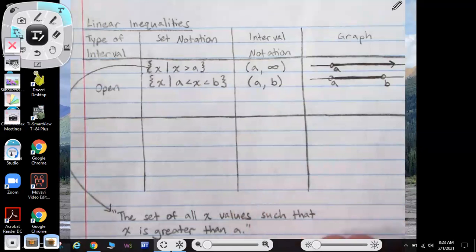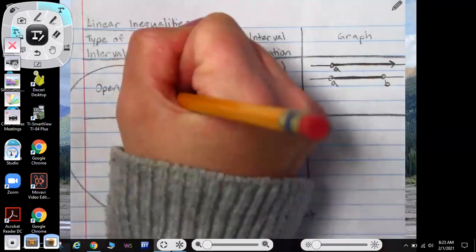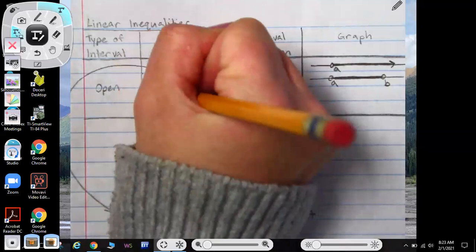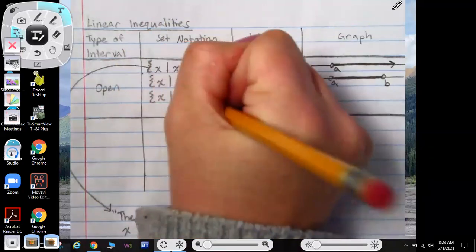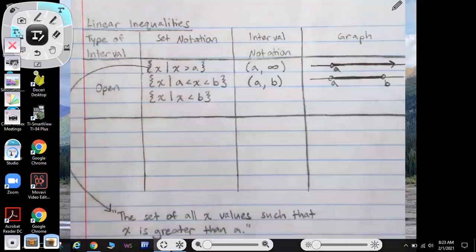Okay, next open interval: the set of all x values such that x is less than b. So this is almost the exact opposite of the first one that we did.